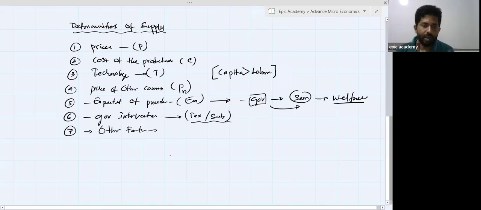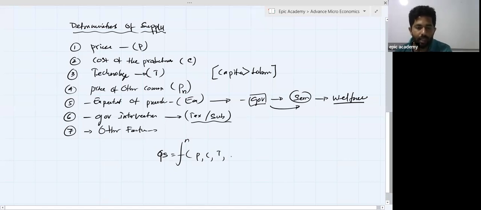By using those factors, we can create the supply function. QS means quantity of supply of a certain commodity. Equal F means function, depending on those factors. First one is P, which represents the price. C represents the cost of production.